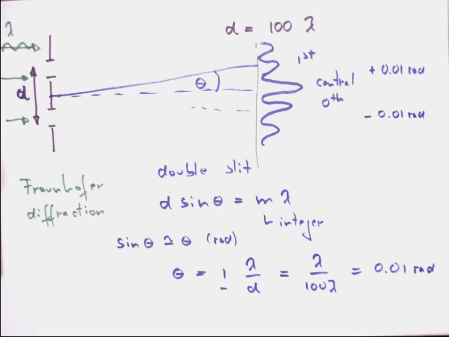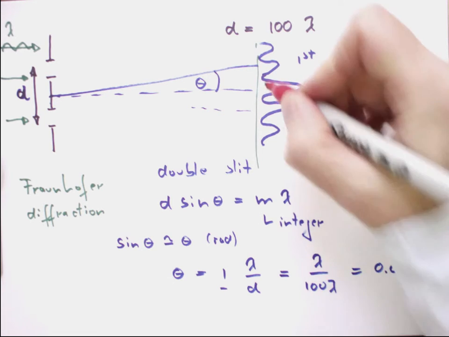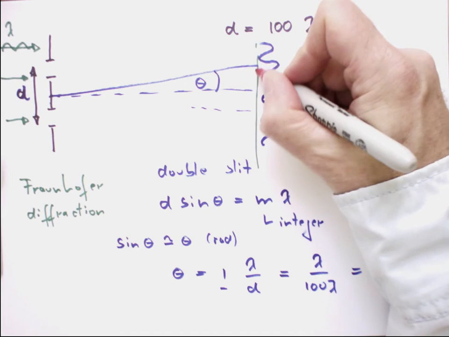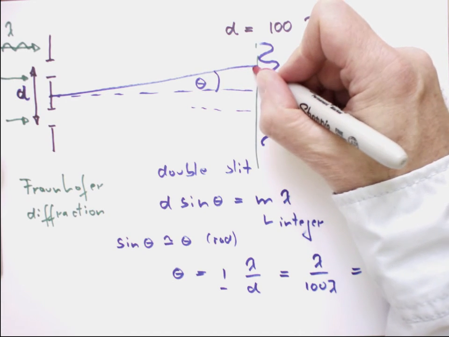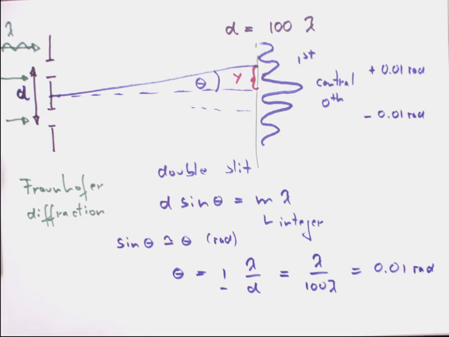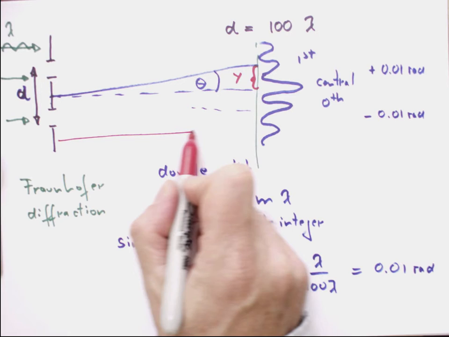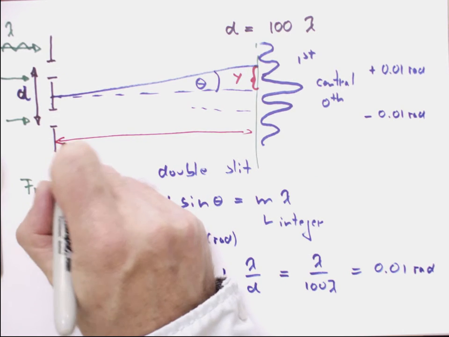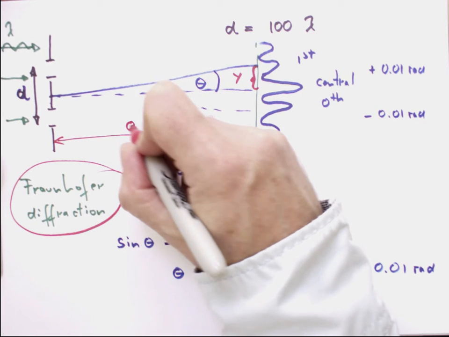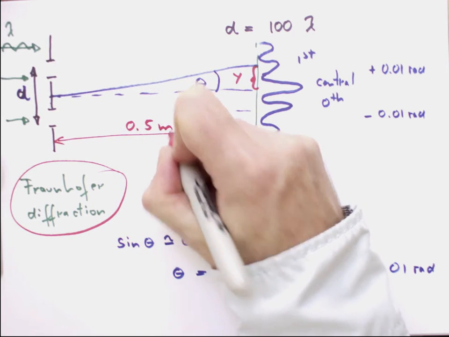In the second part of the problem we need to work out what the separation is on the screen in terms of length, in terms of distance. So this y, what is this y? And we know that the screen is relatively far away, because we have Fraunhofer diffraction, and in fact it's 50 centimeters away, or 0.5 meters.